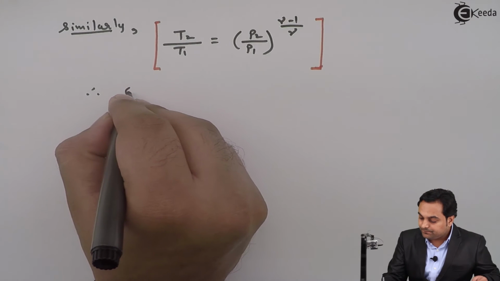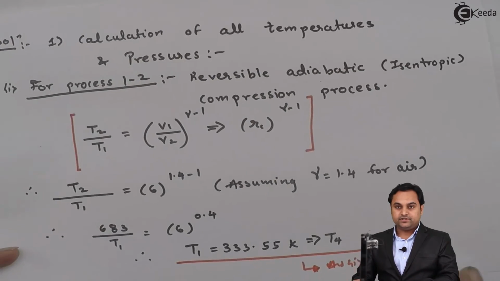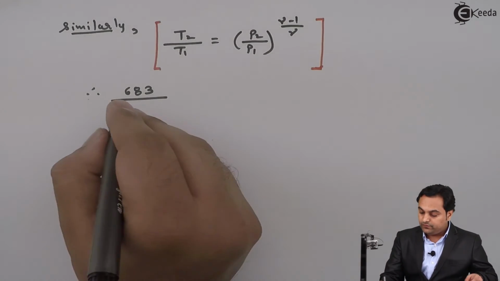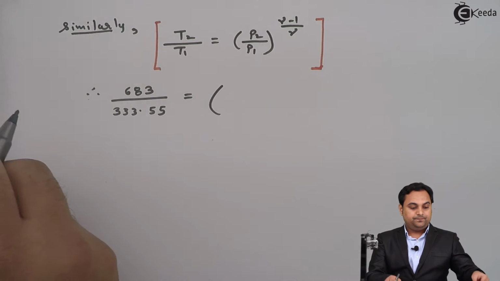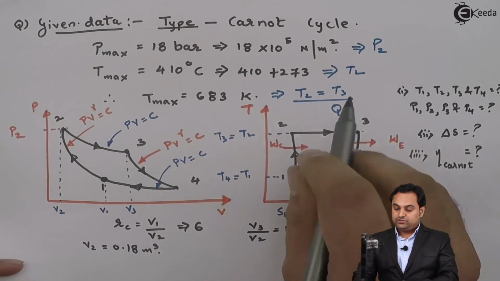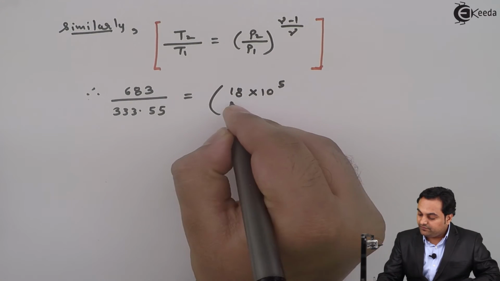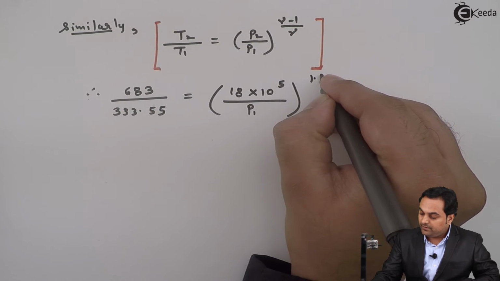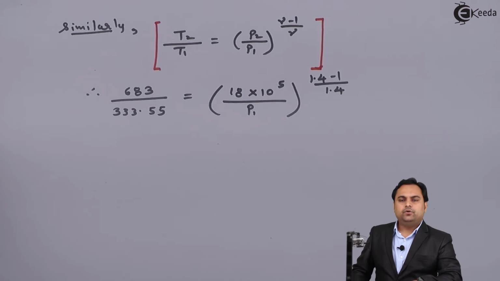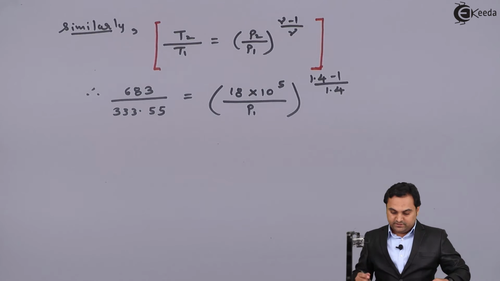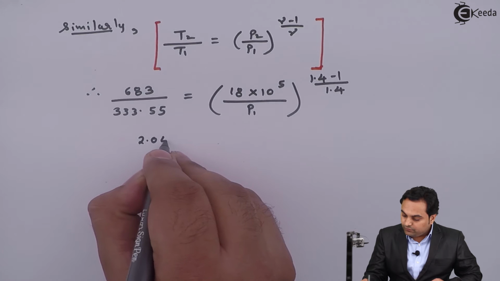So 683 divided by T1, which we have found just now, is 333.55, is equal to P2, which is given in the question. P2 was 18 into 10 raised to 5. So 18 into 10 raised to 5 divided by P1, which we have to calculate, and gamma can be taken as 1.4 for the reversible adiabatic process. So now once we put in all the values, 683 divided by 333.55 comes out to be 2.047.